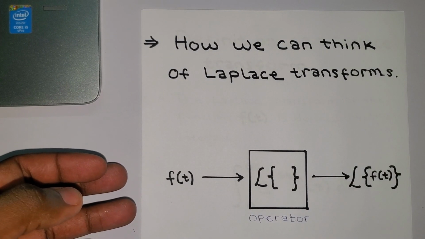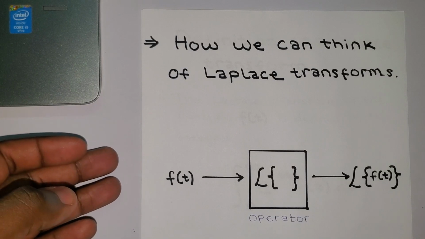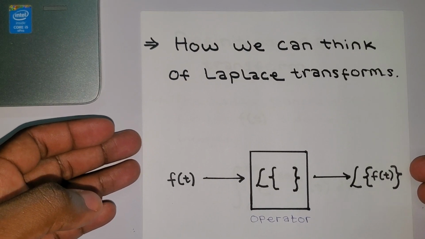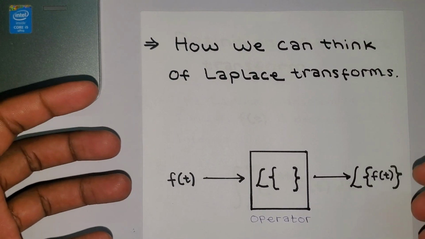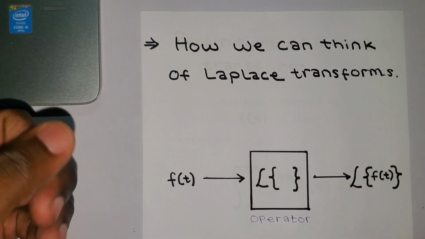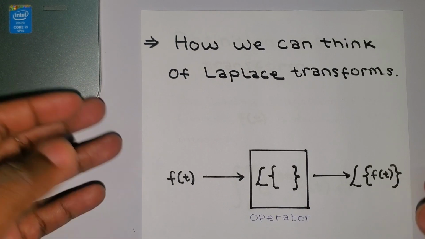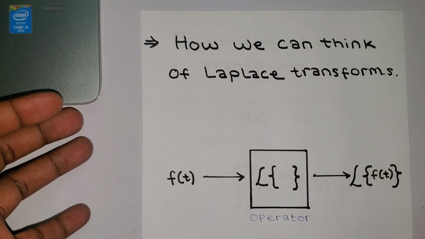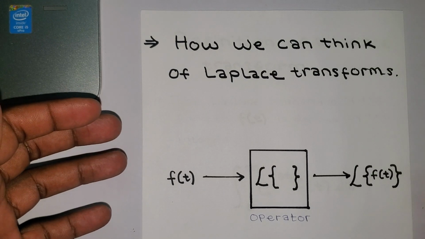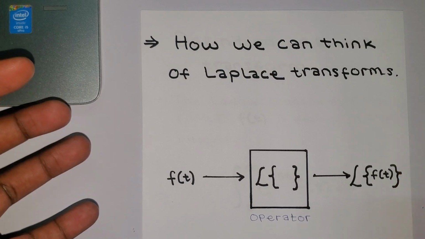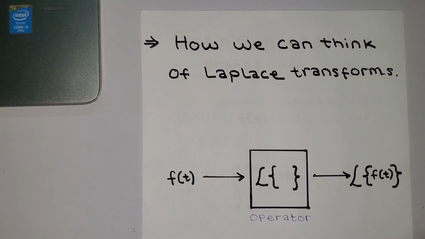So, before we define what Laplace transforms are, I would like to talk about a way in which we can think about them. We know the importance of Laplace transforms, so it's important to have a mental framework of how they fundamentally work.